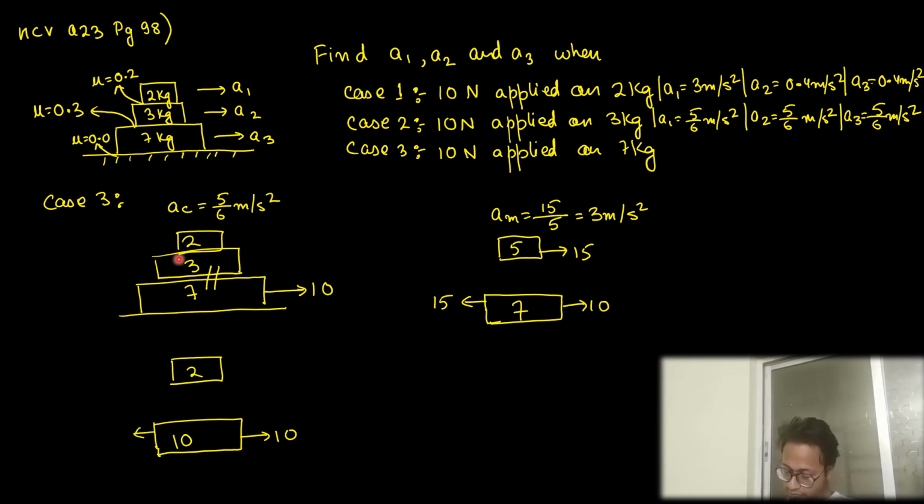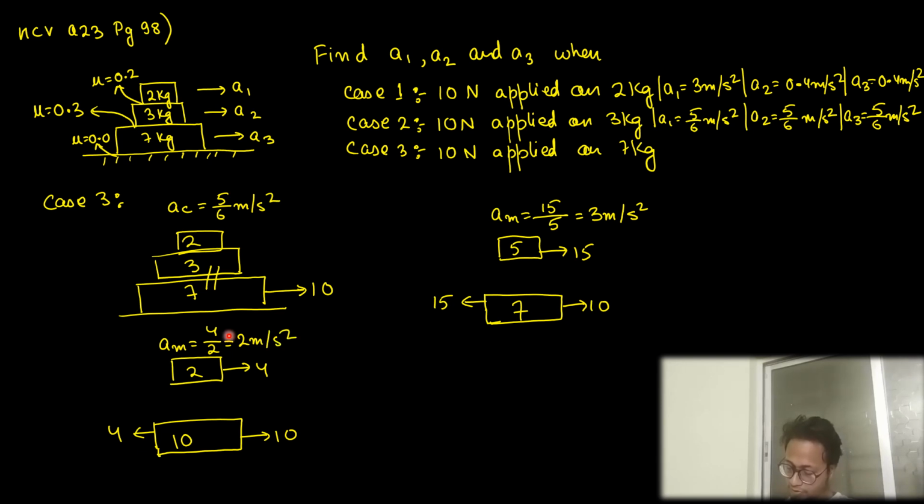What is the maximum value of friction force in this surface? 4. Now where do you have to compare the maximum acceleration? Out here, because the friction force is the driving force. So the maximum value of acceleration is 4 divided by 2, which is 2 meter per second square.